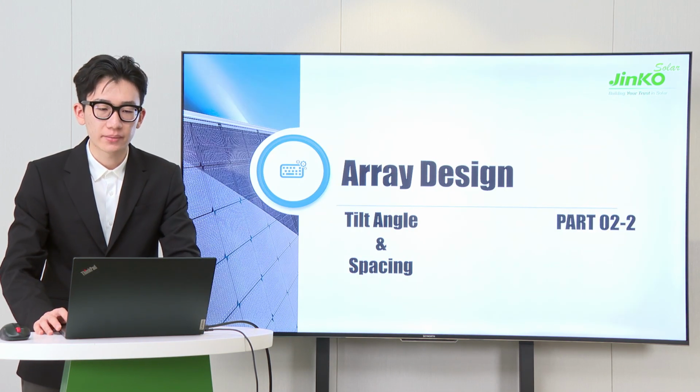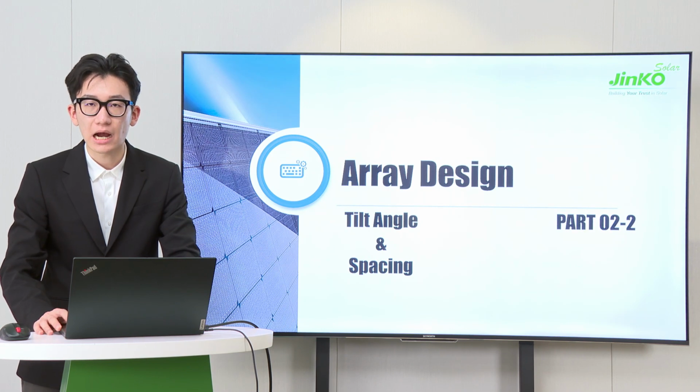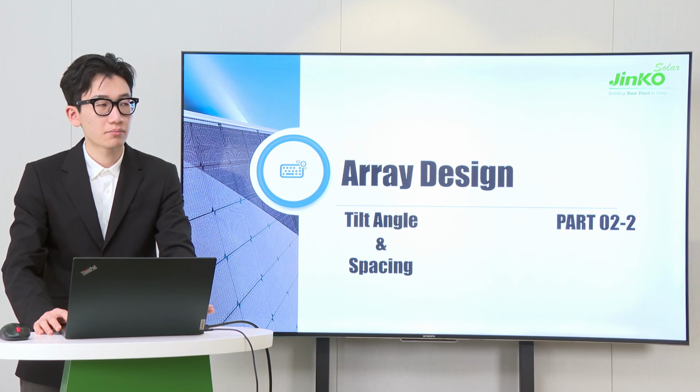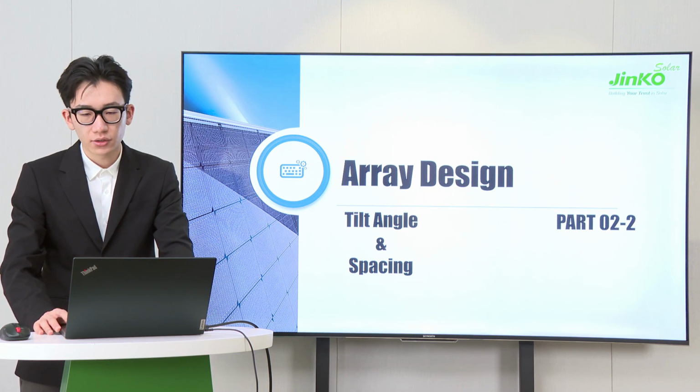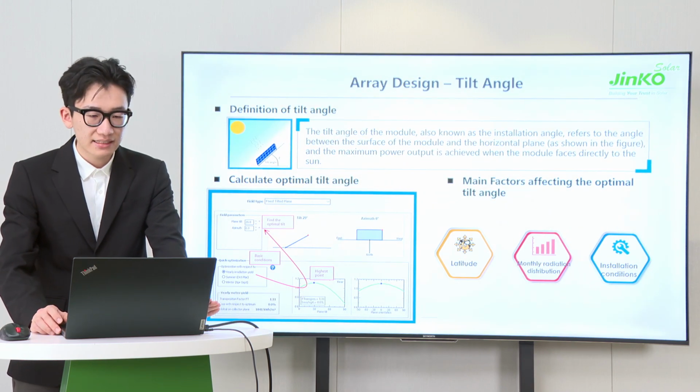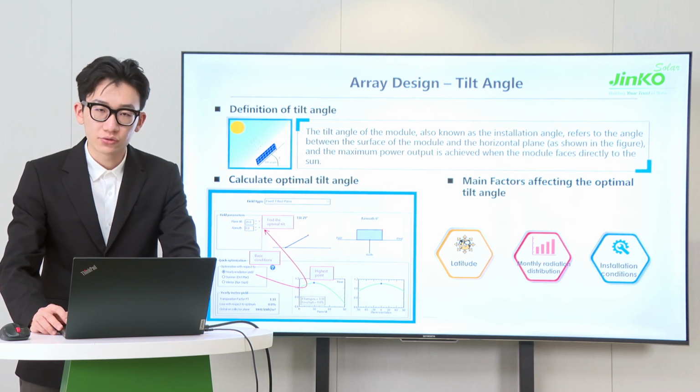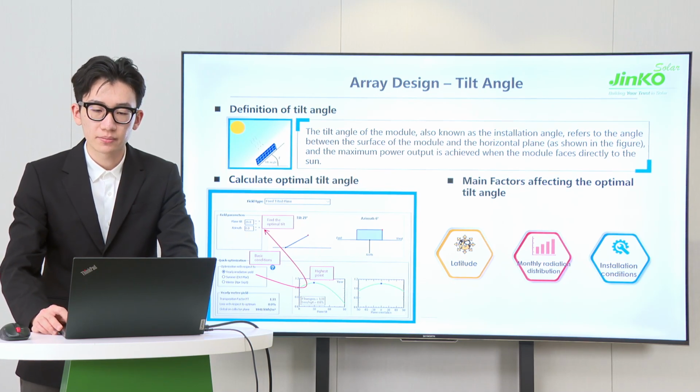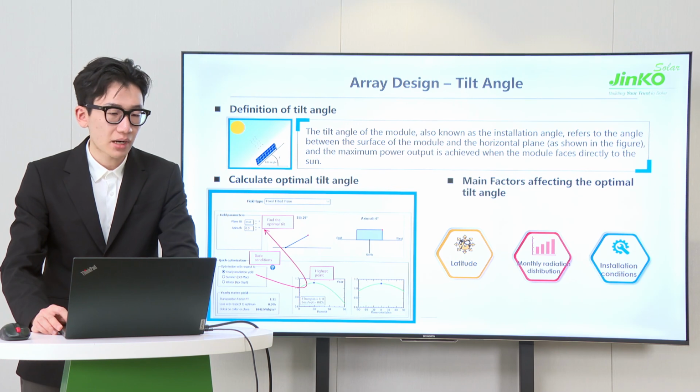After we have determined the string design and the array layout, we need to move on to part 2, tilt angle and spacing. The tilt angle is defined as the angle between the module and the horizontal plane, and obviously the power output reaches the maximum when the module faces directly to the sunlight.